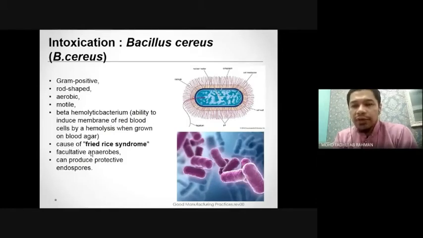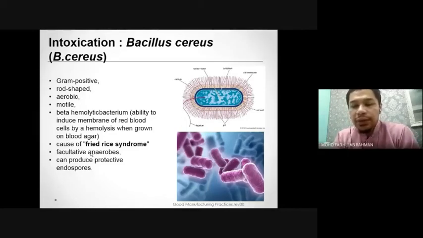Normally, this type of bacteria is known for fried rice syndrome. Okay, like its name, serious. Normally, this type of bacteria can be found in cereal products, including rice. Okay, rice.